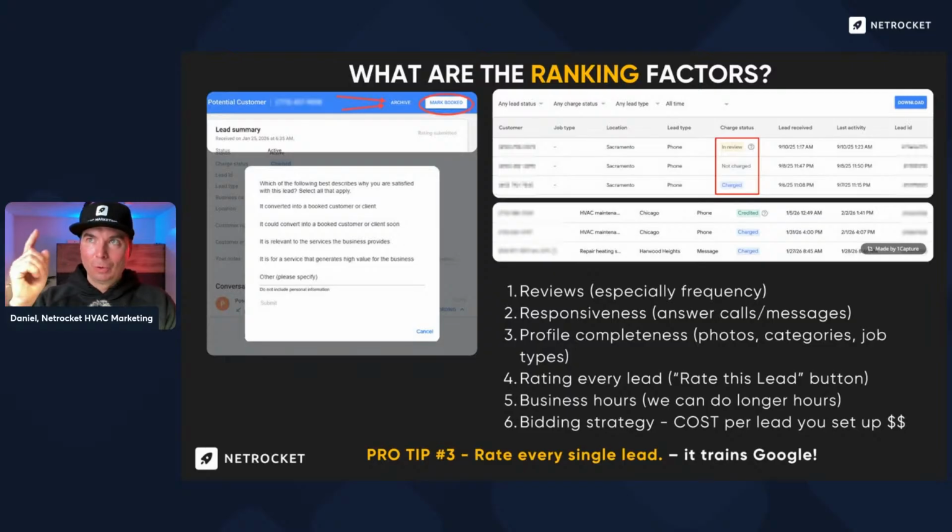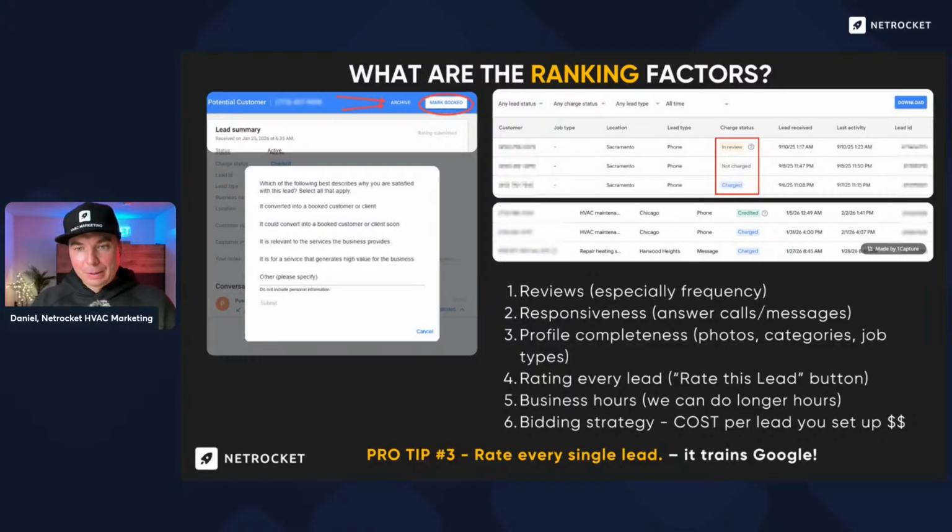And at one of our meetings last year, we had a guy who said, "Oh, got it. This is why my account slowed down," because he never responded to leads. He just called them back all the time because he was busy in the field. So make sure that you have a system, and you respond to all the leads very quickly.